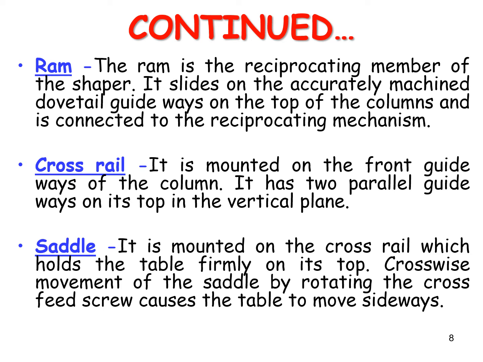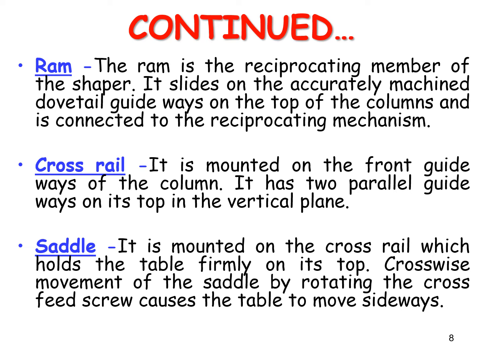Ram. The ram is the reciprocating member of the shaper. It slides on accurately machined dovetail guideways on the top of the column and is connected to the reciprocating mechanism. Cross rail: it is mounted on the front guideways of the column.